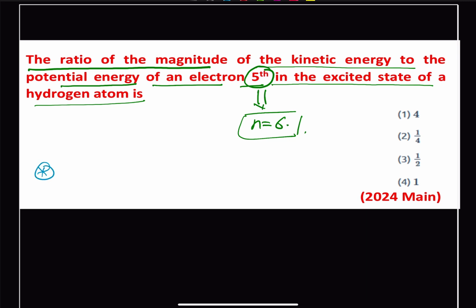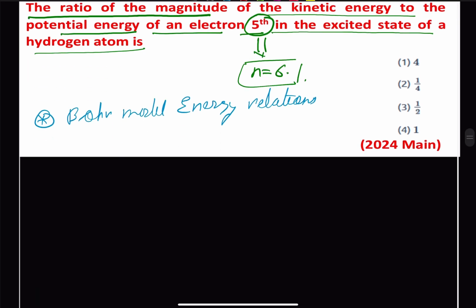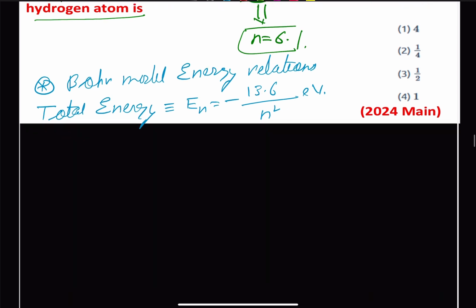So we can say Bohr model energy relations, and for total energy, that is for nth level, E of n is equal to minus 13.6 upon n square electron volt, and kinetic energy is nothing but the negative of this total energy.